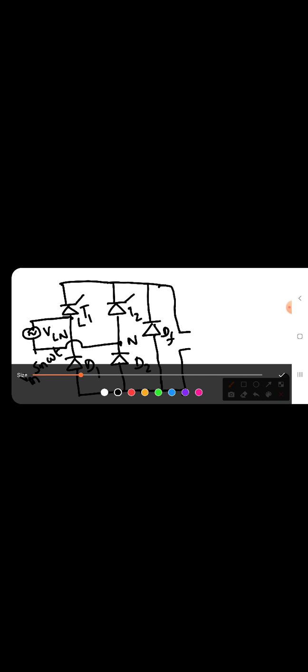This will be the freewheeling diode, and it is connected to the DC series motor. The series field is there, and here it is the armature.